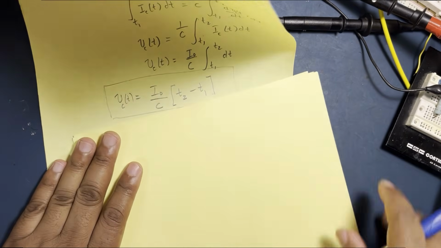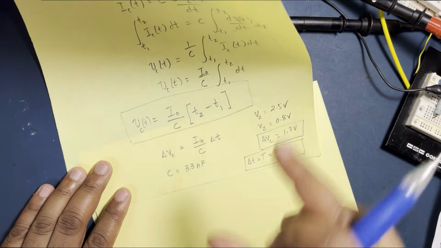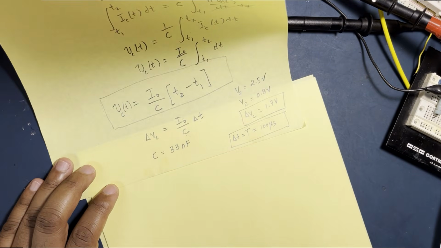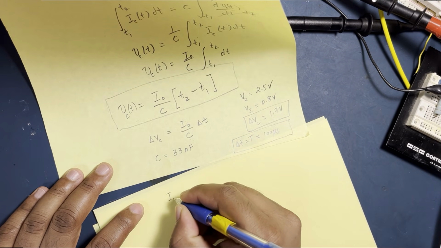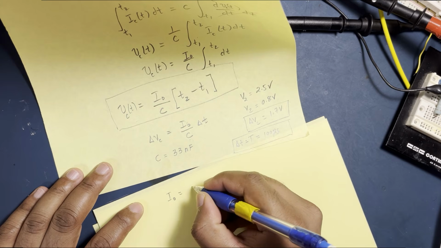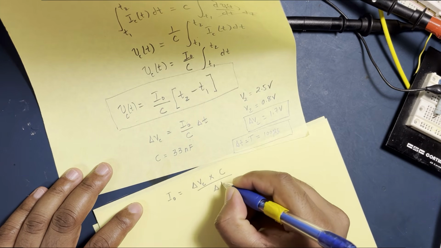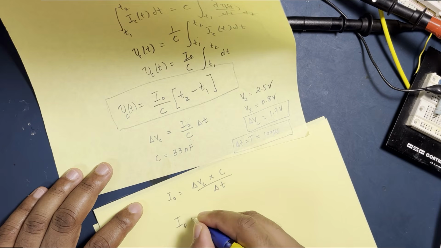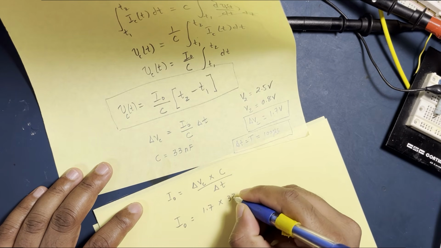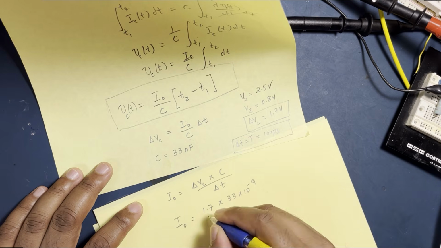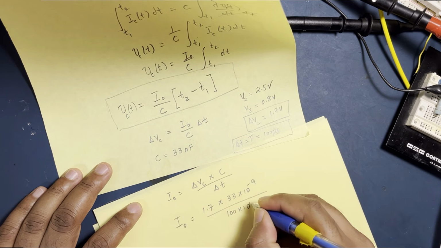I naught equals delta VC multiplied by C divided by delta T. So the I naught that I need is 1.7 times 33 times 10 to the power of minus 9, divided by delta T, which is 100 microseconds, 10 to the power of minus 6.